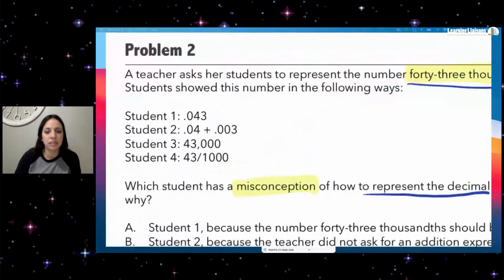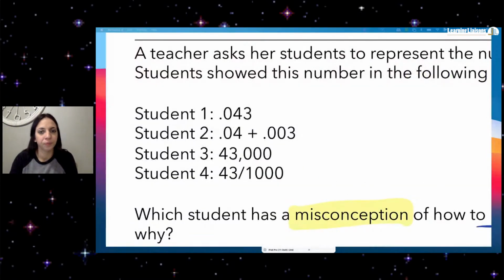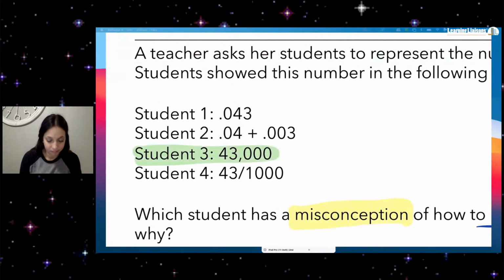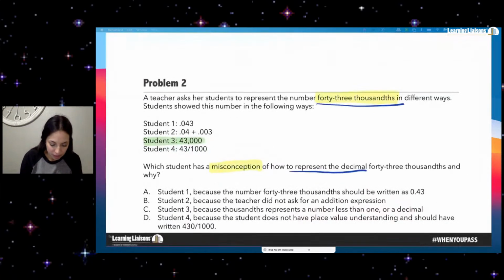Which of these is not a decimal? It's the only answer that's not a decimal. So at this point, my answer is C, and I haven't even done any thinking.